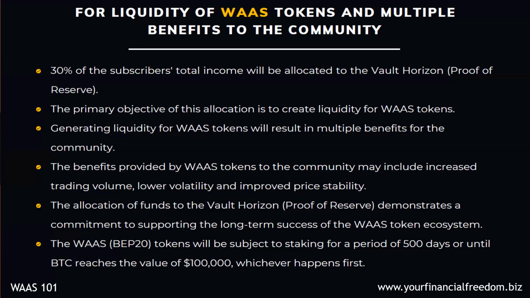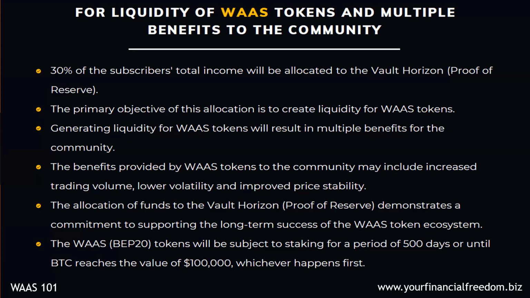The benefits provided by the WAS tokens to the community may include increased trading volume, lower volatility, and improved price stability. The allocation of funds to the Vault Horizon Proof of Reserve demonstrates a commitment to supporting the long-term success of the WAS token ecosystem.